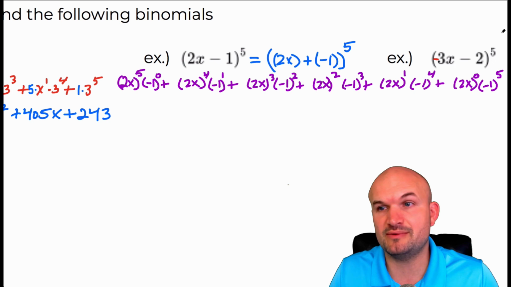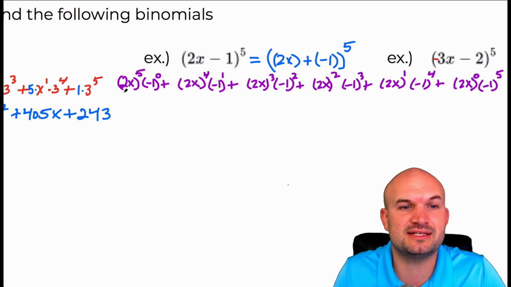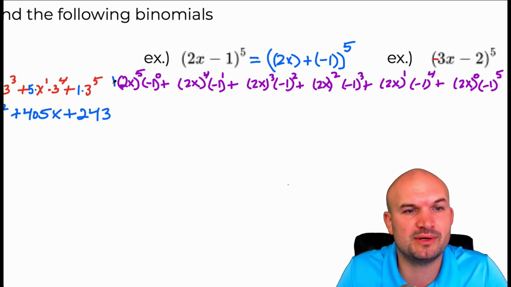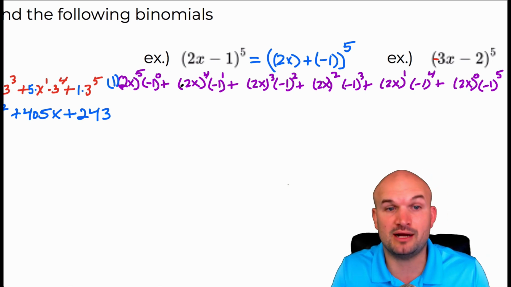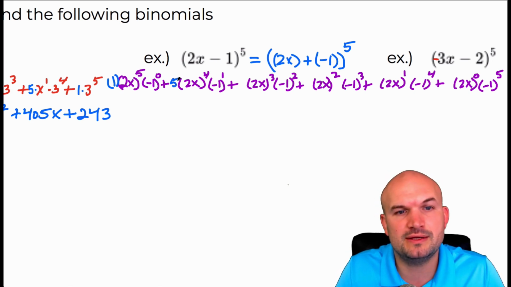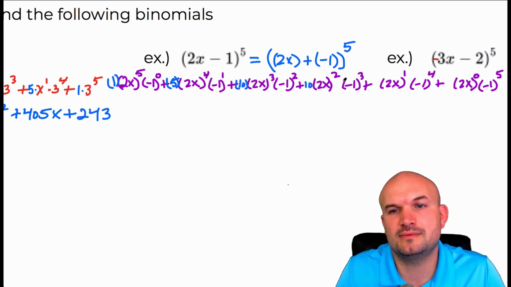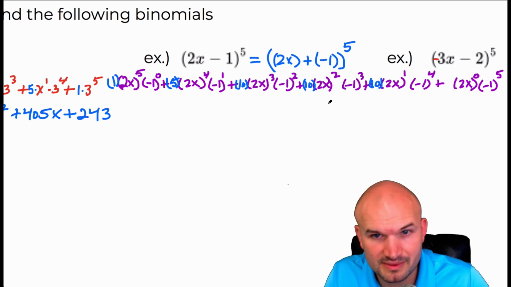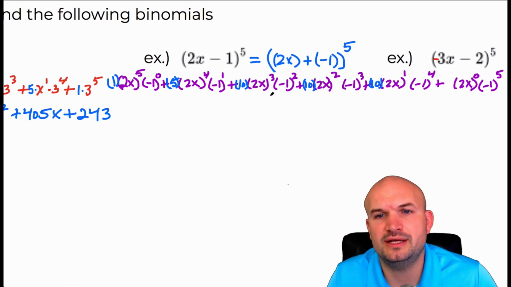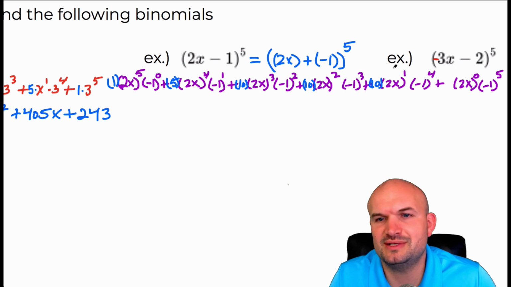Now, the other thing is, remember, we have these coefficients that we need to bring in. So let's bring those back in. Now, I'm going to put them in parentheses just to remind myself that I'm multiplying. So that was 1, 5, 10, 10, I'm messing up my terms, I did 3 10s.